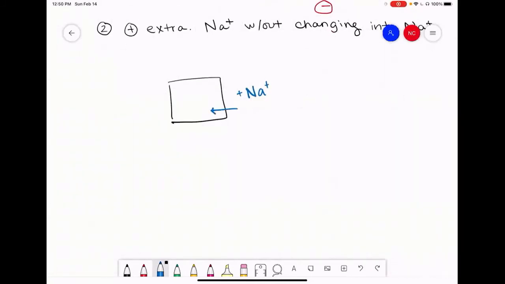So this driving force is going to be increased, because sodium is like, I need to balance myself out, and there's too much on the outside. So if we put more sodium on the inside, then I can reach an equilibrium.